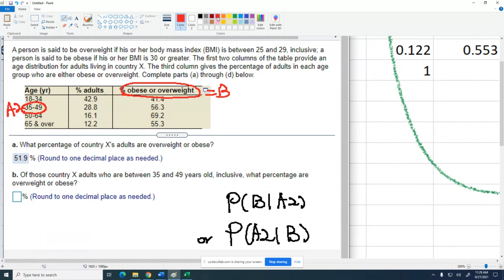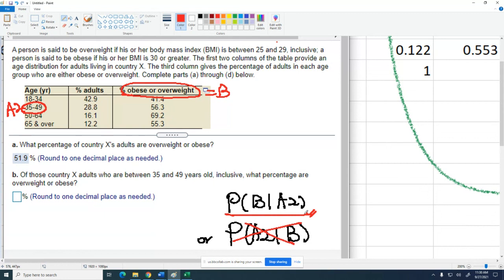Actually, we need the percentage that is overweight, the B. Of whom? Between 35 and 49. We need this one. Yeah, please ignore the second one. Maybe the second one you can be asked in part C, right? So it's not this one here. It's that one, B given A2.